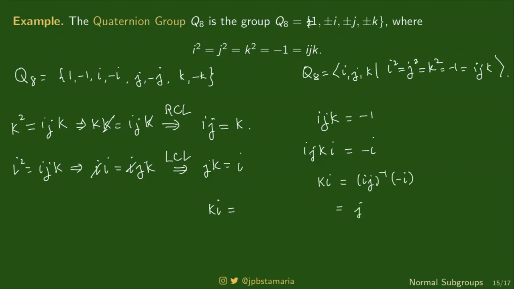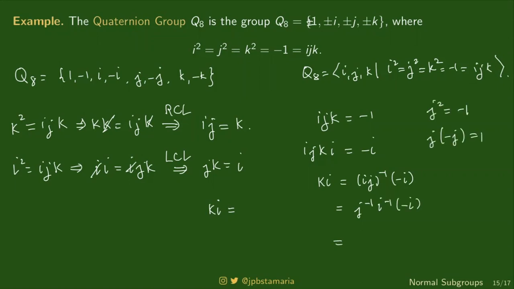Ano yung rules ng group? Ang J inverse, kasi ang J squared ay -1, ang J times minus J ay 1.